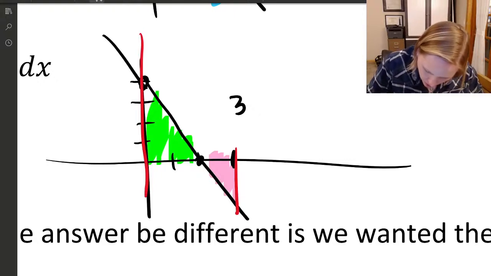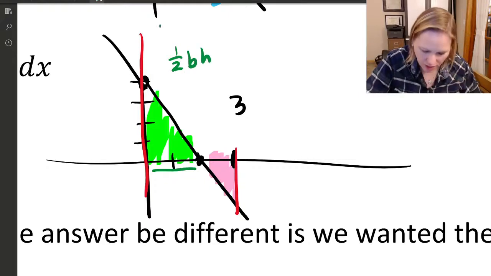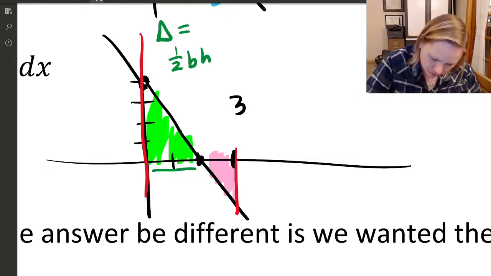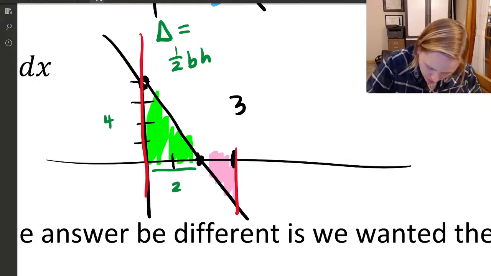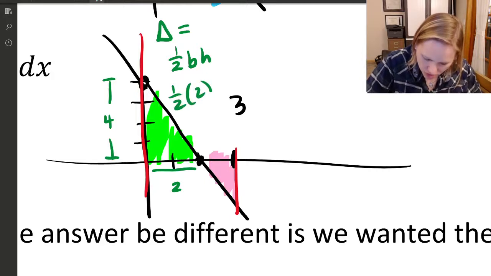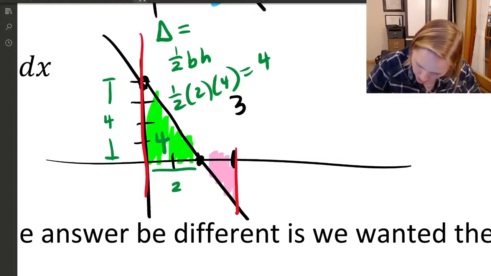So the green triangle, remember it's 1/2 base times height for a triangle. So the base here is 2, the height is 4. So 1/2 times 2 times 4 is 4. So this area is 4, and then the pink area is going to be 1/2.